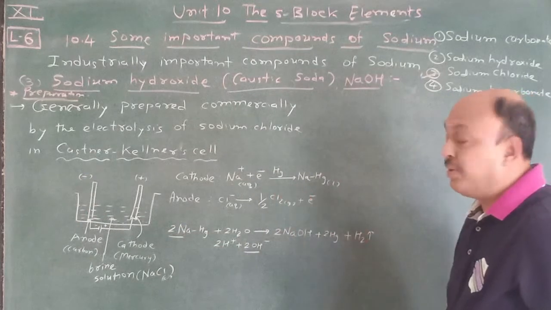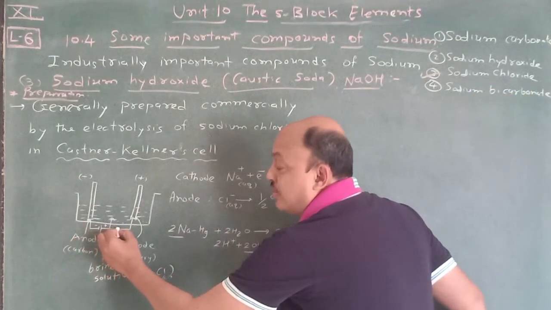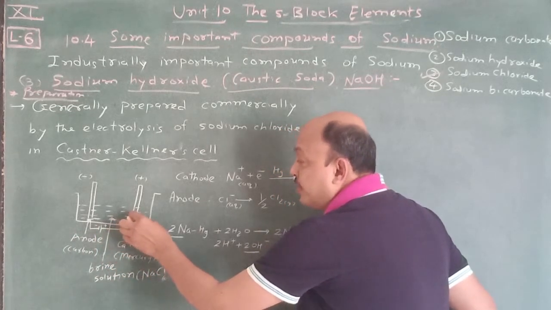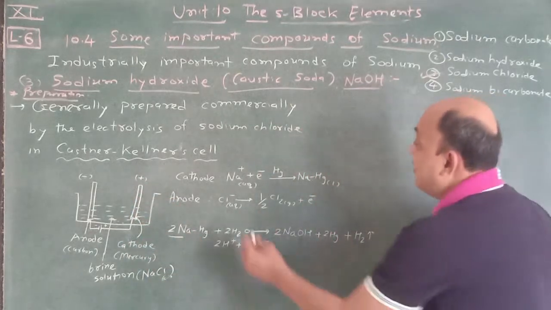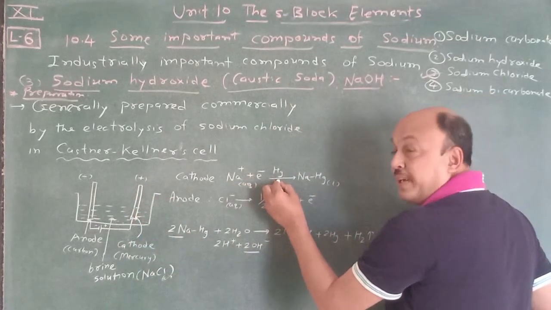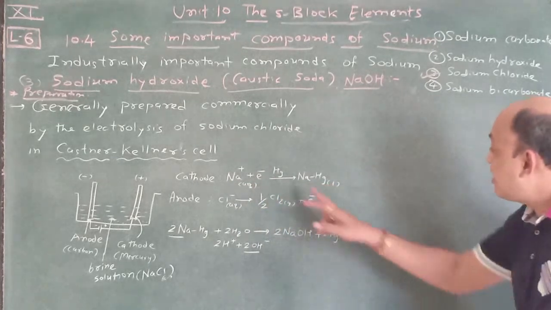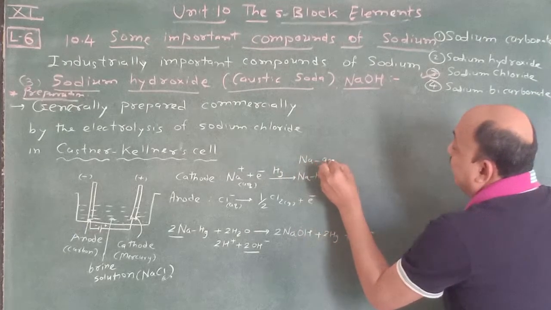At the cathode, electrons are transferred through the copper wire. Na plus gains an electron, and in the presence of mercury it gives liquid NaHg, known as sodium amalgam.